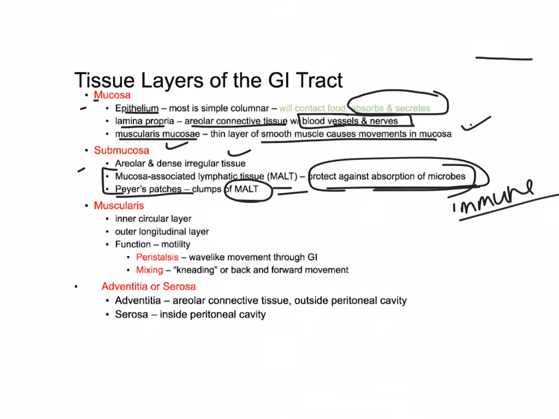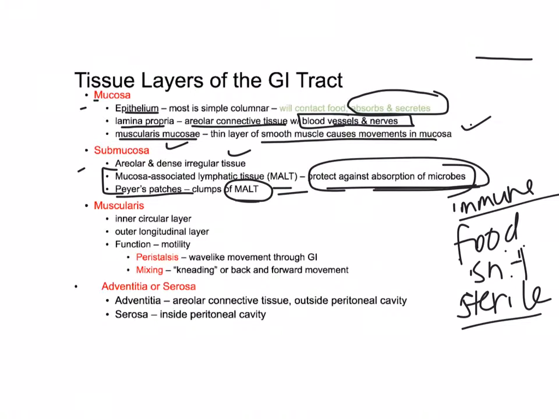It's kind of a line of defense. Your food isn't sterile, so you need some protection because you don't want bacteria or other things that could be in the food to get into your body.